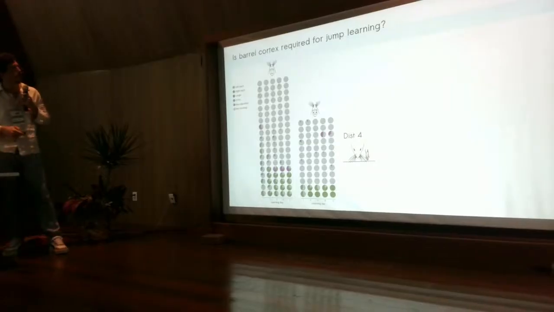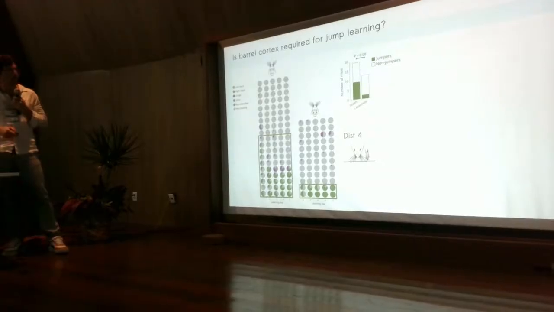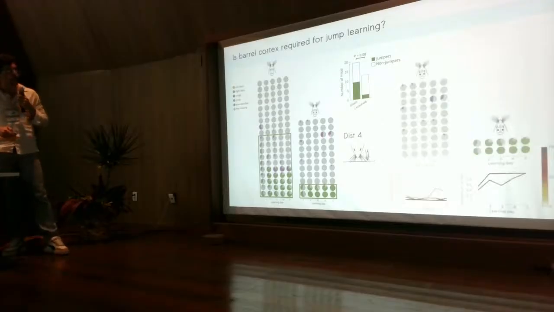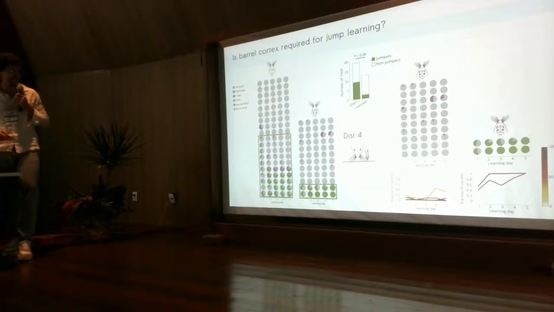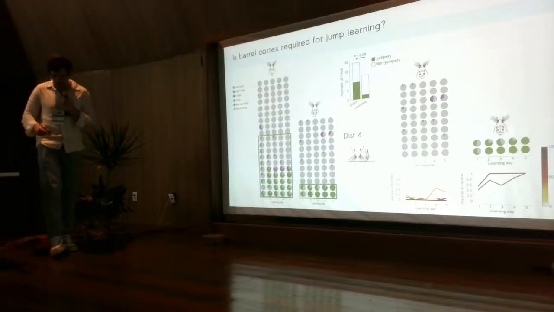And regarding jump learning, we just saw that there are almost significantly, but way fewer jumpers during the learning phase for the animals that were lesioned before. Here, just to show that there are a few, these animals did not have huge lesions.